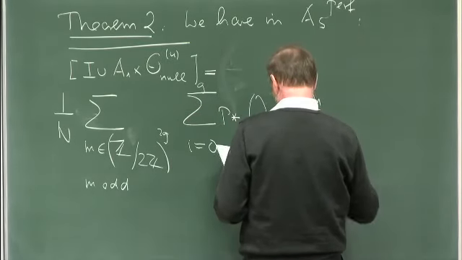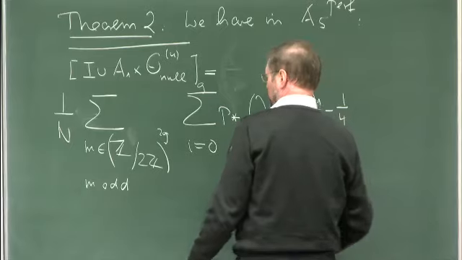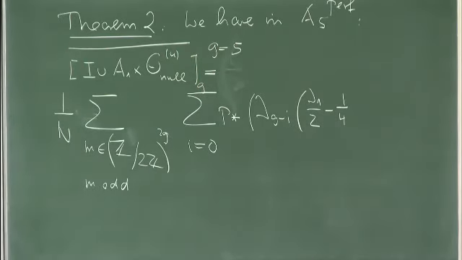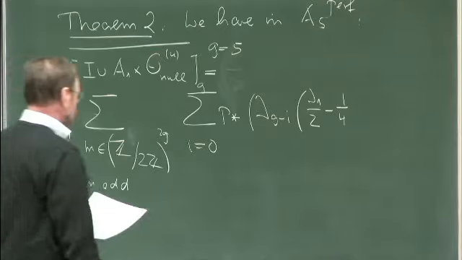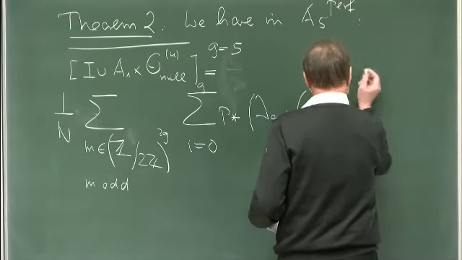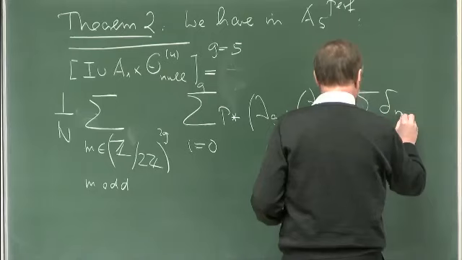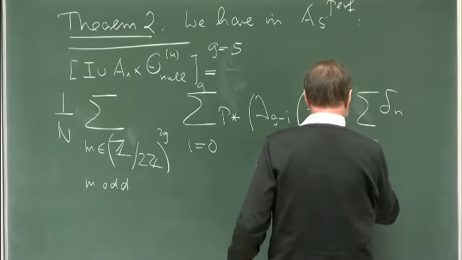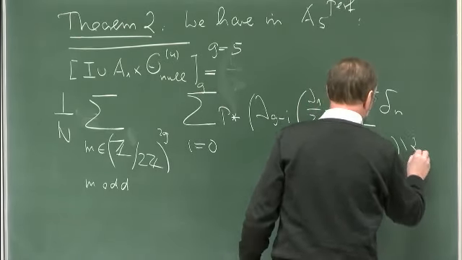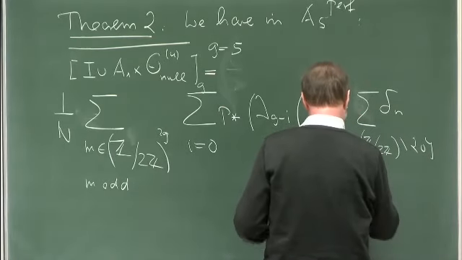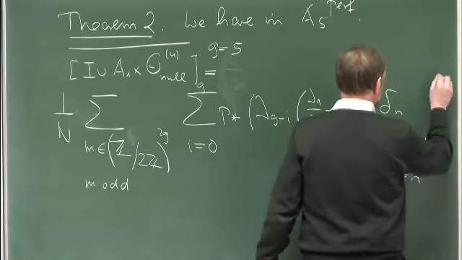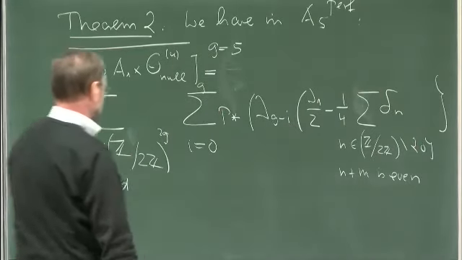So again, this has to then be specialized to the case g equal to 5. Sum over delta_n, where the n goes through (Z/2Z)^{2g} minus 0, such that n plus m is even.